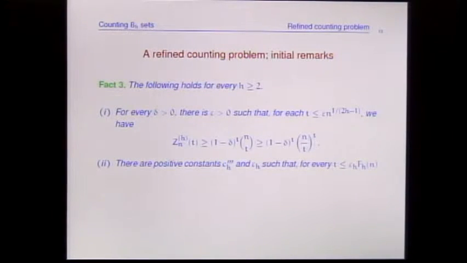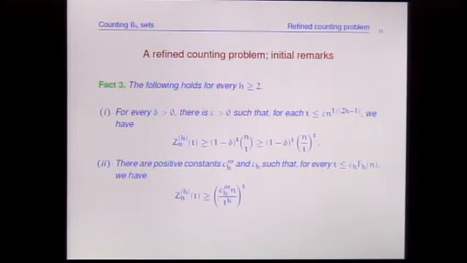If you do that, you can prove the following lower bound. The lower bound is of the form n divided by t to the h, raised to t, with some coefficient here. So this is the lower bound.